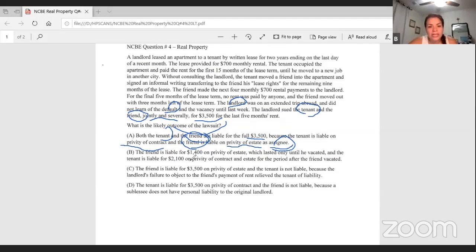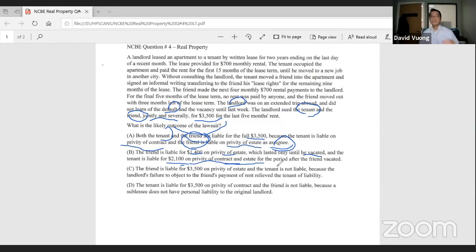B, the friend is liable for $1,400 on privity of estate which lasted only until he vacated, and the tenant is liable for $2,100 on privity of contract and estate for the period after the friend vacated.